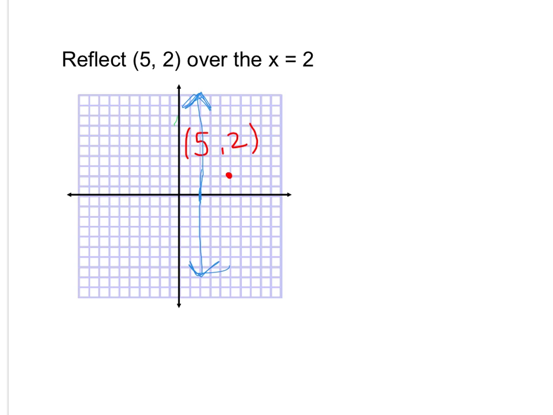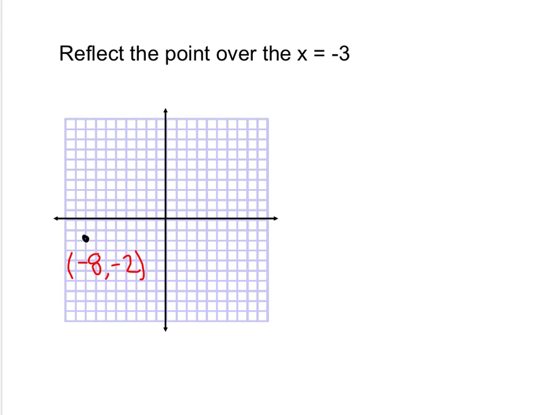Not the y-axis, not the x-axis, but from this line. It looks like it's 1, 2, 3 away, so we're going to go back 1, 2, 3. Draw a point, and the coordinates are -1, 2 in that case. Again, if you were to fold your paper over that line, it'll land right on itself.